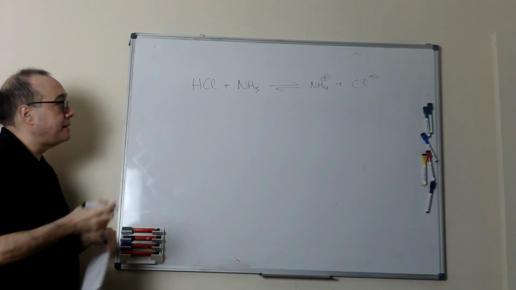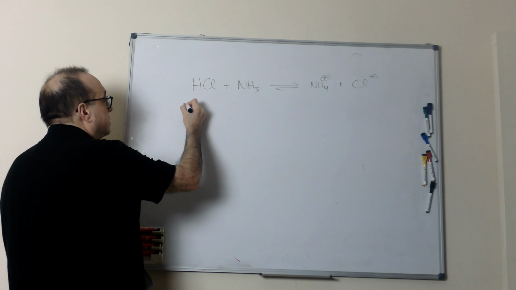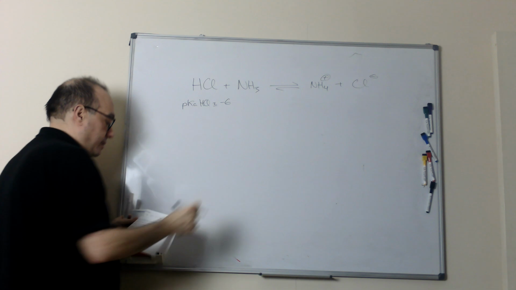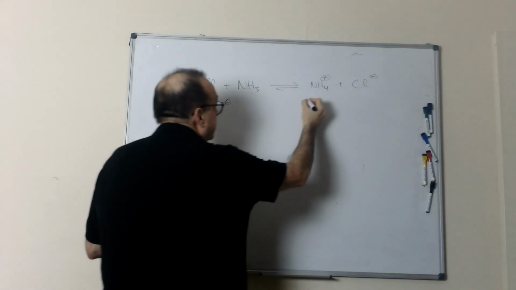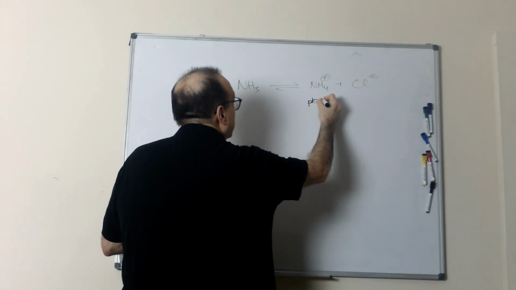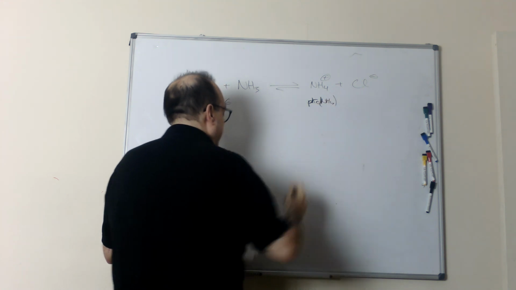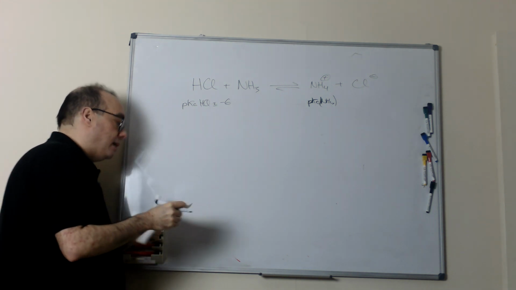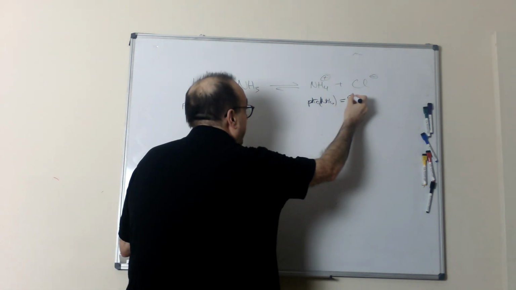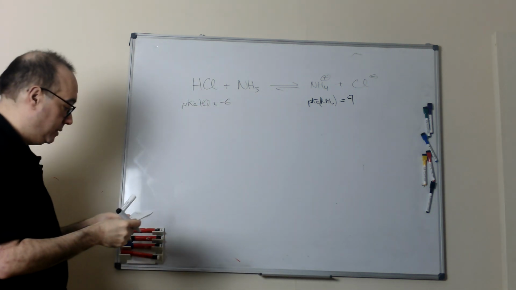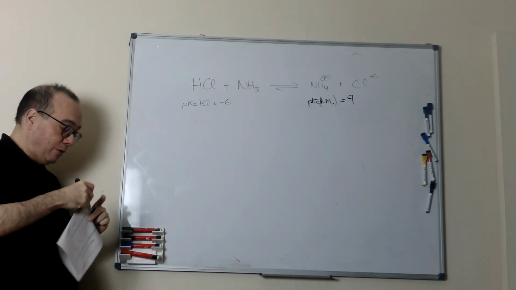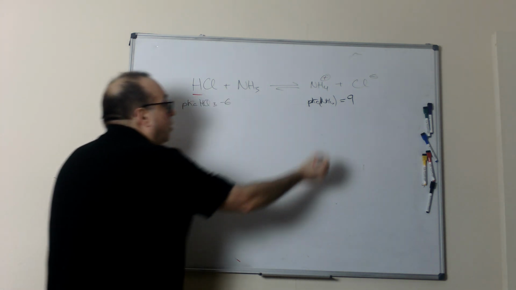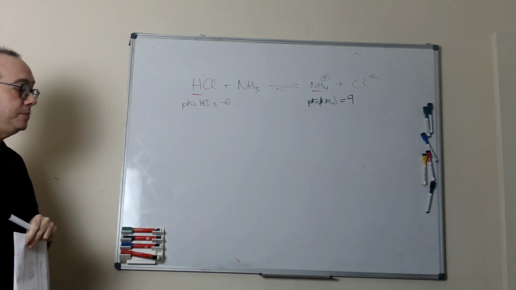Okay, and they tell us that the pKa of the HCl is equal to -6, while the pKa of the ammonium is equal to 9. From this, the question is, which is more acidic, HCl or ammonium?